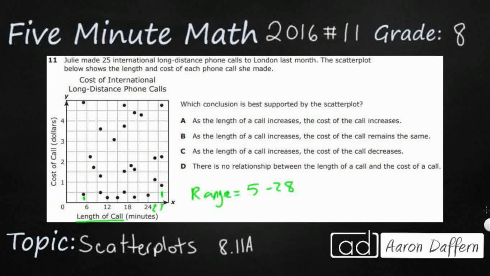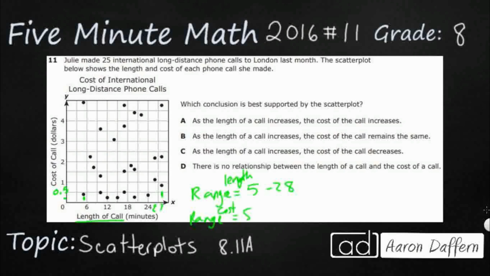And then we've got our cost. So these dollars, it's not really that much. This is 50 cents right here, and some of those look like half of those, okay? So the range in length, and let's see our range in cost.